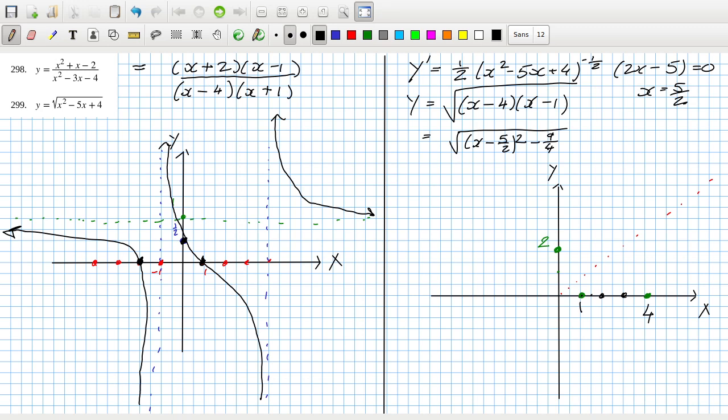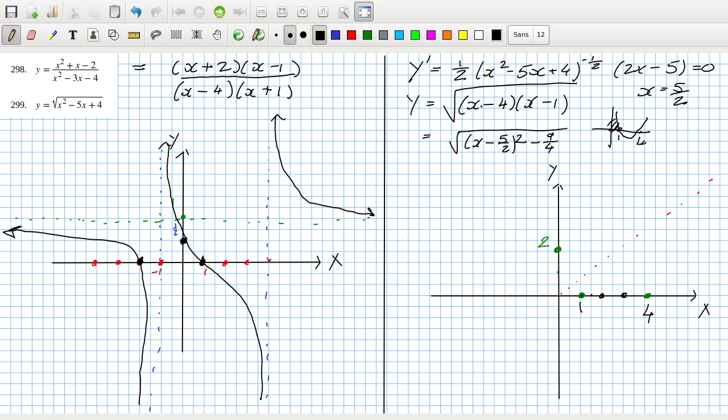So yeah, it could be negative. So we'll have to keep this positive though. 1, 4, x has to be less than 1.